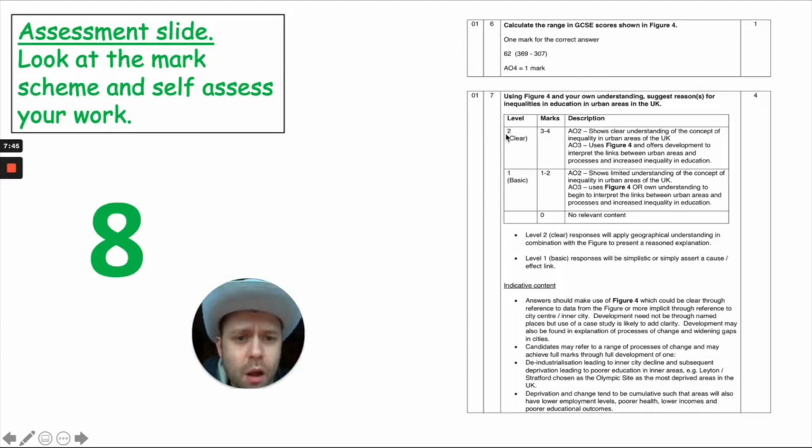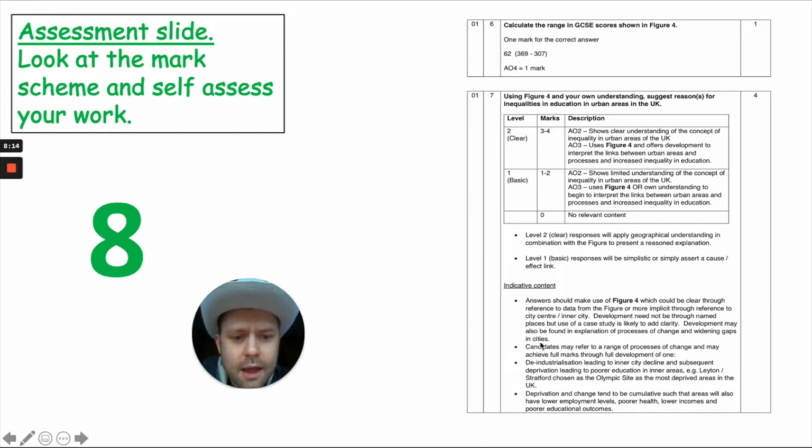Looking at the second part of the question, then the 4 marker, it is a level question. Okay, so you've got basic and clear. No need to get detailed at this stage. If we look at the indicative content, answers should make use of figure 4, which could be clear through reference to the data. So if you'd started your answer in figure 4 and wrote about the figure, you're going to pick up marks there.